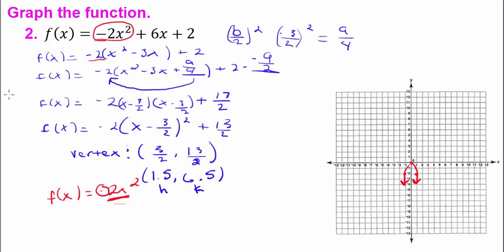So from here, what I can do to get my final answer is go ahead and shift this graph 1.5 units horizontally and 6.5 units vertically, okay, and then I have my final answer. So 1.5 units to the right, 6.5 units up, so it's about right here. That would be my vertex.